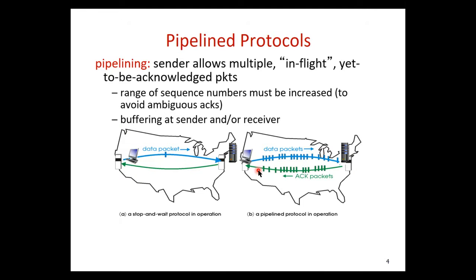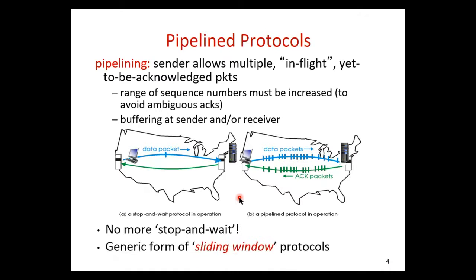But if we do pipelining, we send multiple packets and then we'll have multiple ACKs. So no more stop and wait. Pipeline protocols are also referred to as sliding window protocols, and we'll see shortly what that means exactly.